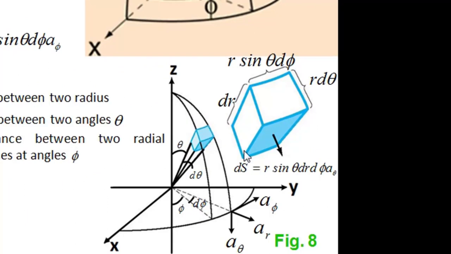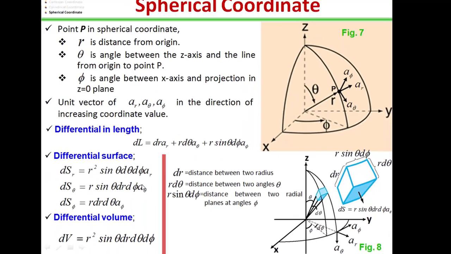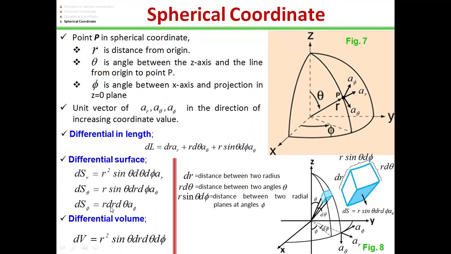So for the phi direction, this side is under consideration for the calculation of differential surface ds phi. For this, we know this is the side along the change in the theta direction, so this is basically r d theta, and this side is the change in the r direction, that is dr. So ds phi can be written as r dr d theta. It is in the direction of phi, so unit vector a phi will be there.